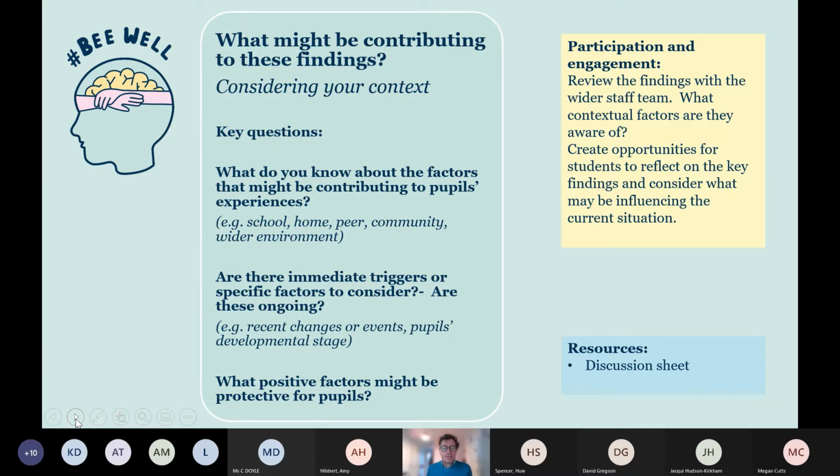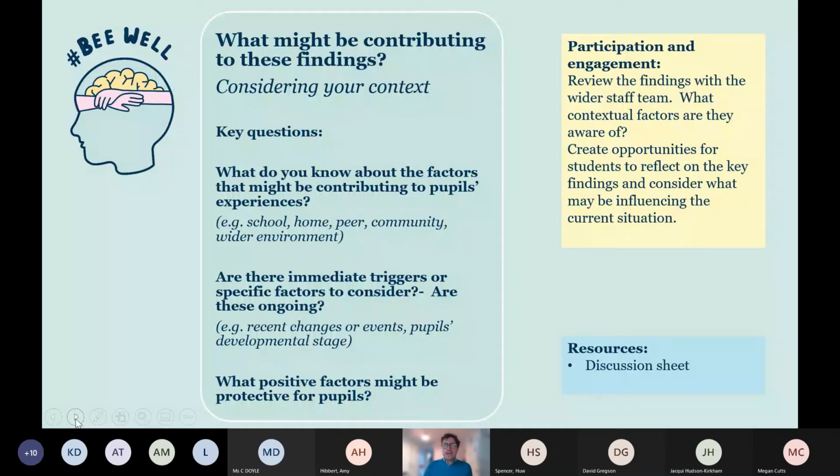You know those things. And what you also know is what the positive factors are that might help and might support, that might be protective of pupils, and really thinking how you can bolster those and use them as a way of building up the support that sits around you. So thinking about how the positive factors interplay with some of the more challenging things that might need to be addressed.